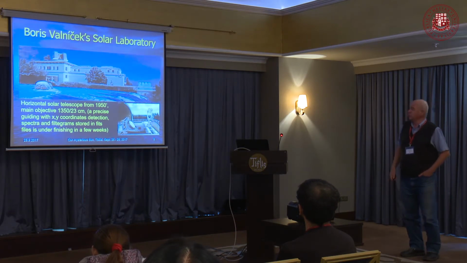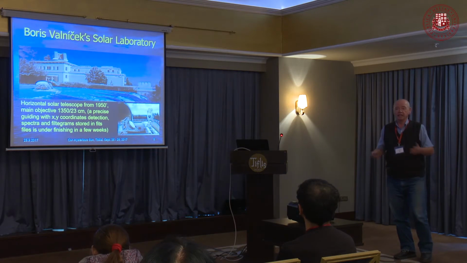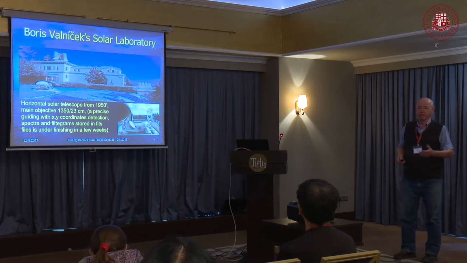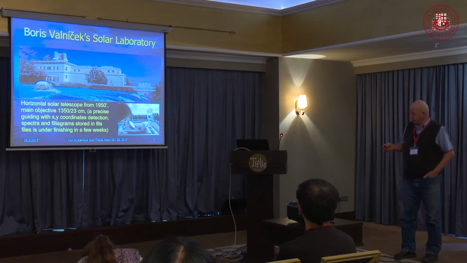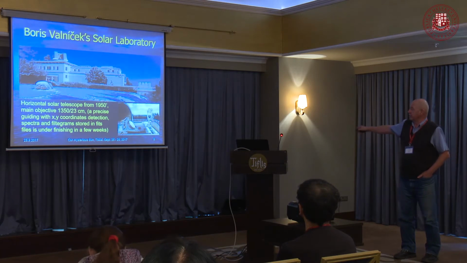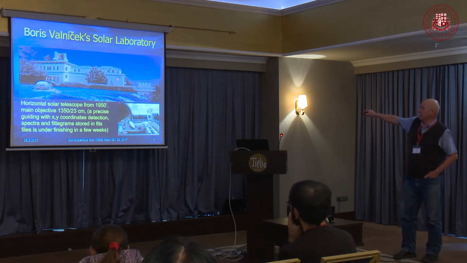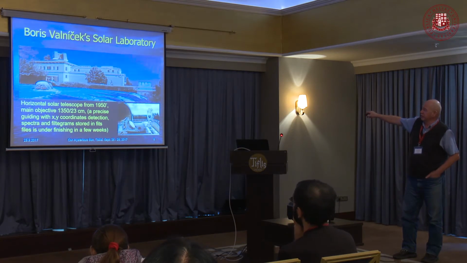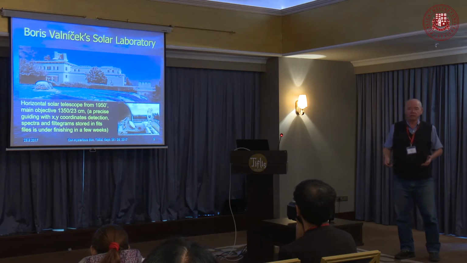Then we decided to move it to another telescope, because the previous one was in competition with multi-line observation of solar flares and prominences. So we decided to improve an old telescope, which is here in the old part of the observatory, and one of the advantages is that we have it all the time for our measurement.